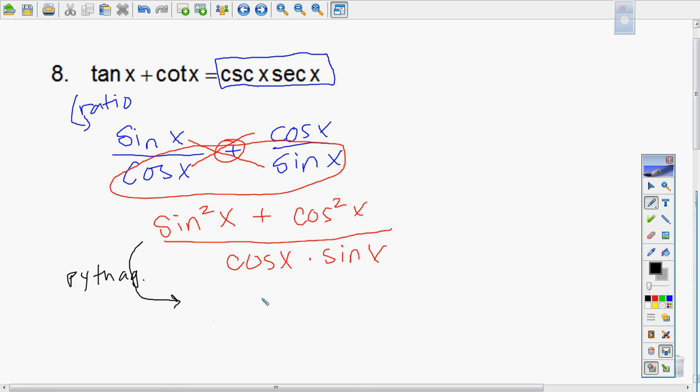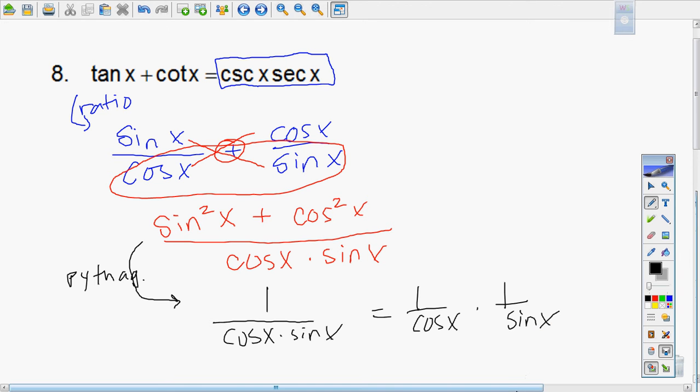So my Pythagorean identity tells me that my whole numerator becomes a 1. And so therefore I end up with 1 over cosine x times 1 over sine x.